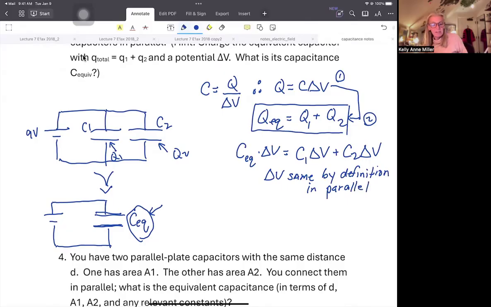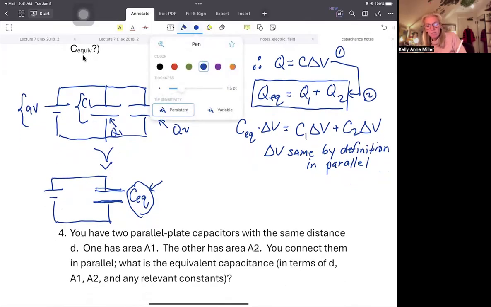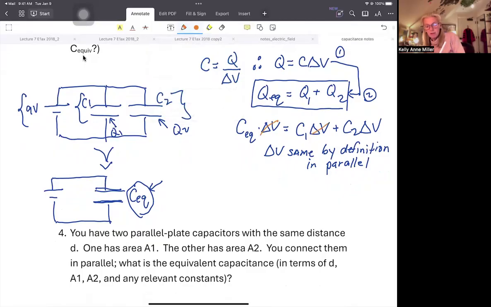They have to be the same. The potential difference across this capacitor has to be the same as the potential difference across the battery, which has to be the same as the potential difference across the second capacitor. Okay, so therefore I can cancel out these delta V's, and this formula reduces down to the equivalent capacitance is just equal to the capacitance of capacitor 1 plus the capacitance of capacitor 2.